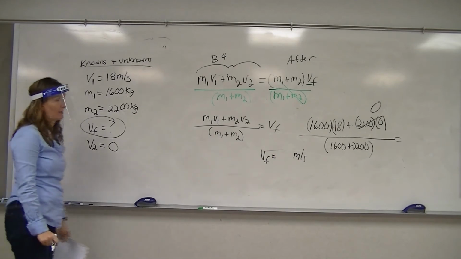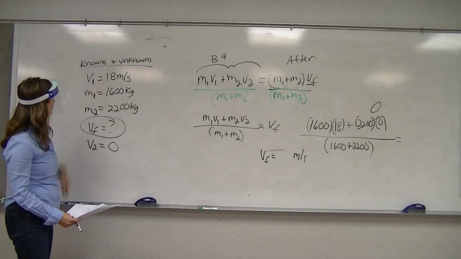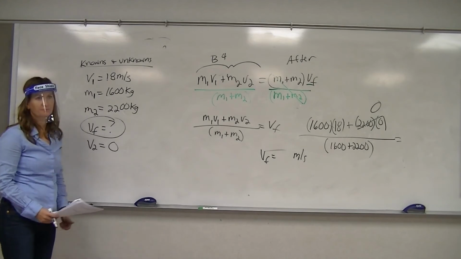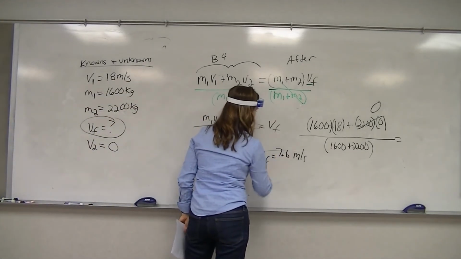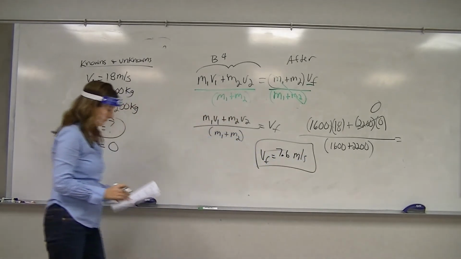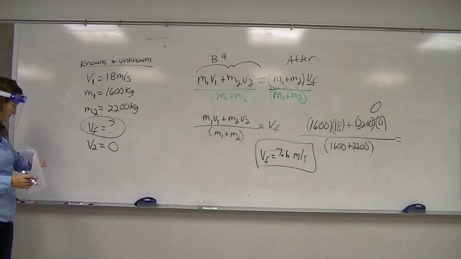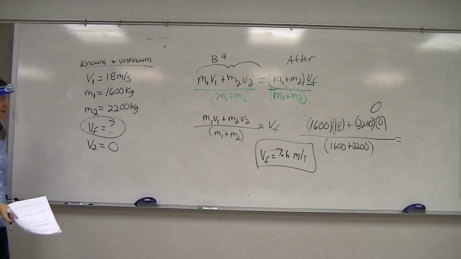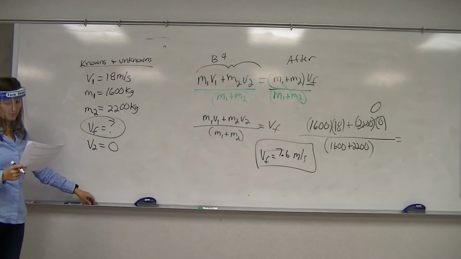How many sixes? 2 sixes? Yes, because I have 2, 2, 2. So 7.6. 7.6, thank you. That makes sense because it slowed down from 18 to 7, making the truck speed up from 0 up to 7.